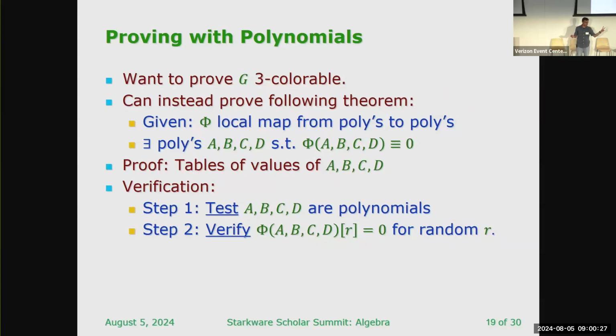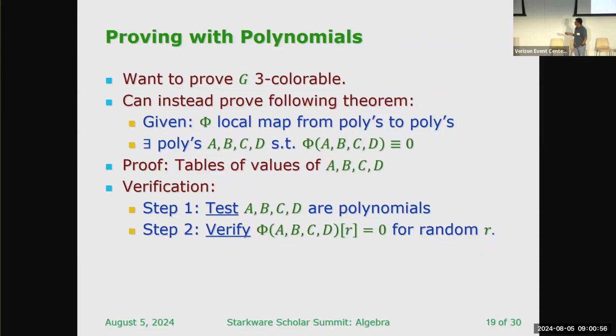Some of these will be in 1 variable, some of these will be in 2 variables. 4 polynomials, A, B, C, and D. You will just write down all the evaluations of these polynomials, as long as the inputs are in Z_p. There are 2 variables that take values in Z_p, so the size of this thing is order of p squared at this stage. And p will be somewhat larger than n, so that explains how large this is.